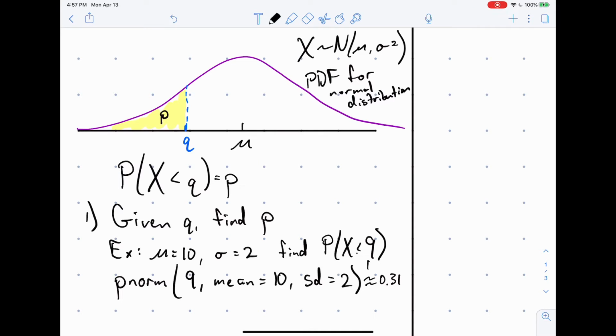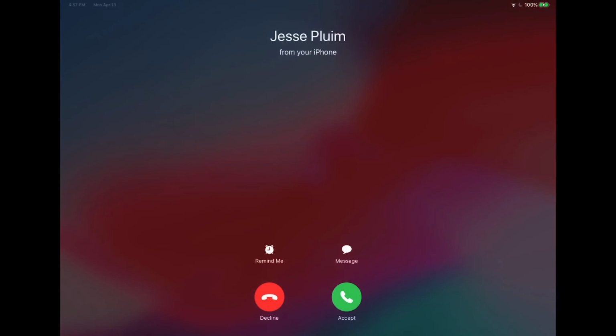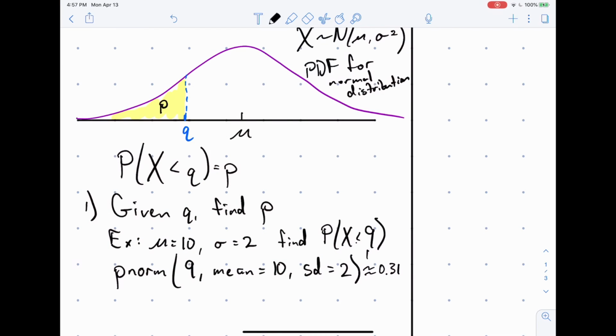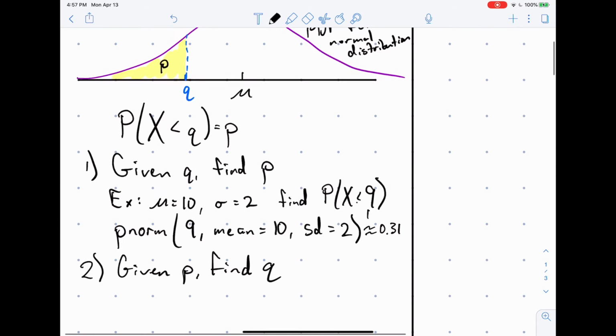Okay, the other question you can ask: given P, find Q. So what is the point at which, for example, 10% of the data is less than that point? For example, you take P equals 0.1.